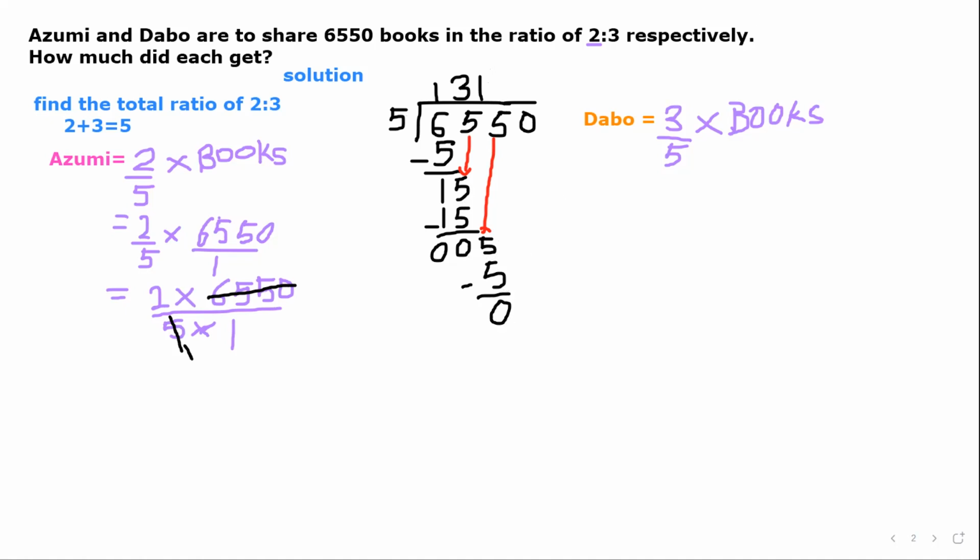Okay. The next number, there's another number here, which is 0. So you share the 0. Okay. You have a remainder 0, but the number that we are going to share for the last time is what? Is 0. 5 sharing 0 is what? 0. To confirm whether there will still be a remainder, 0 times 5 will give you what? 0. And then you subtract, you get what? 0.